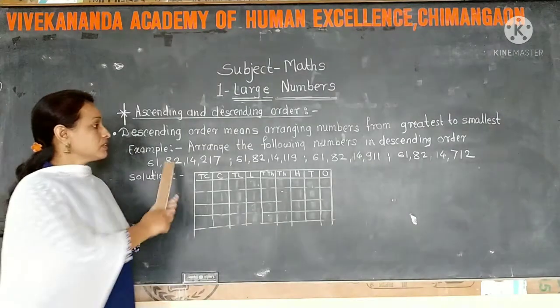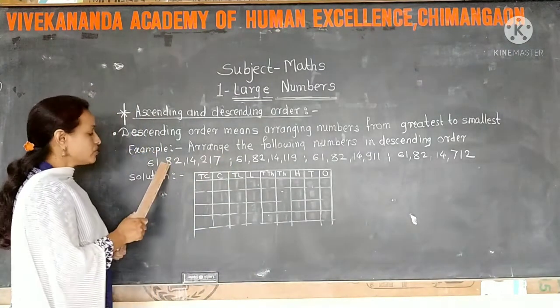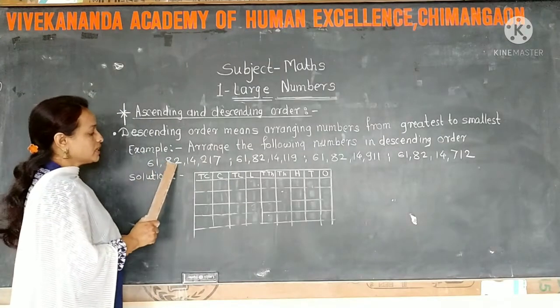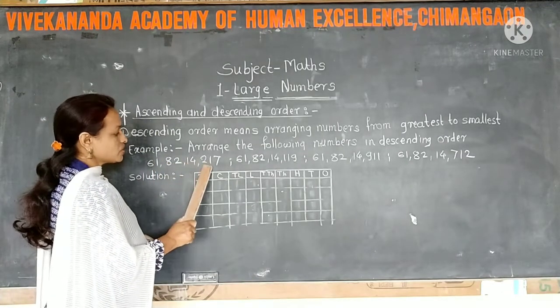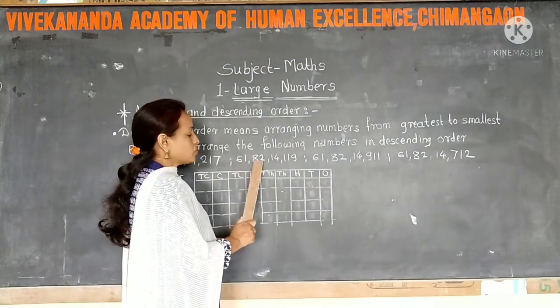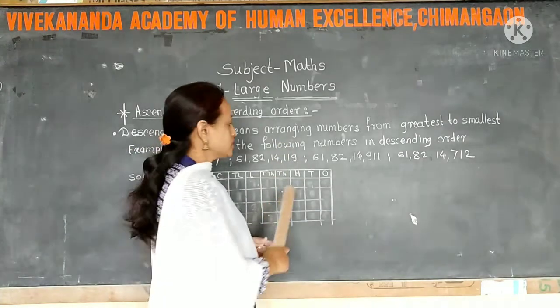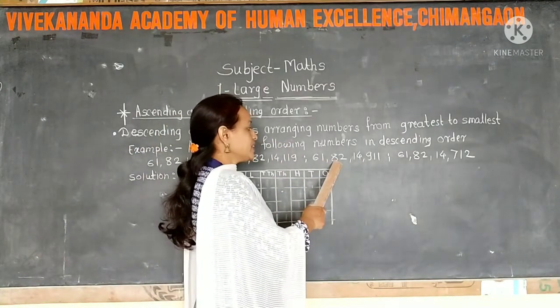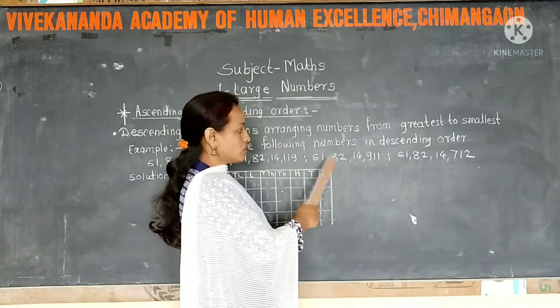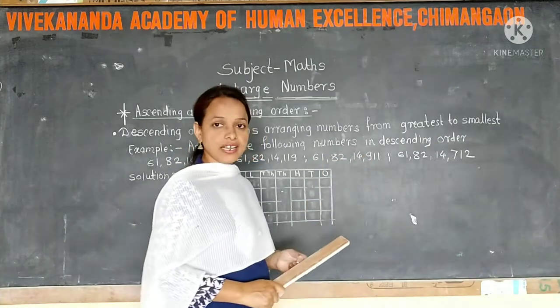So here there are given 4 numbers. So let's see. First number is 61 crore 82 lakh 14,217. Second number 61 crore 82 lakh 14,119. Next 61 crore 82 lakh 14,911.